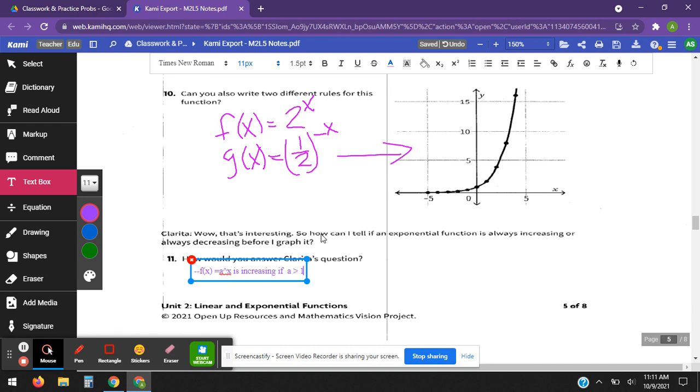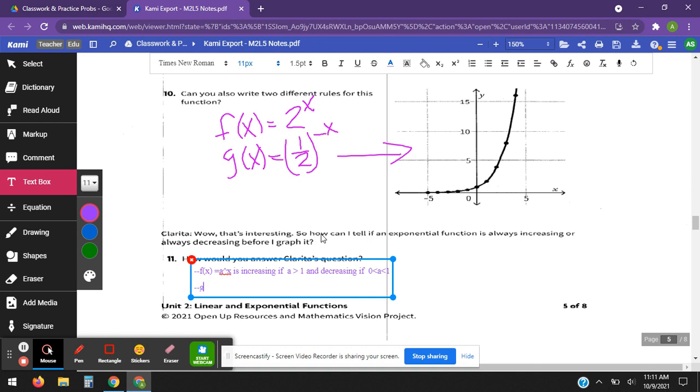And decreasing if a is basically between 0 and 1.